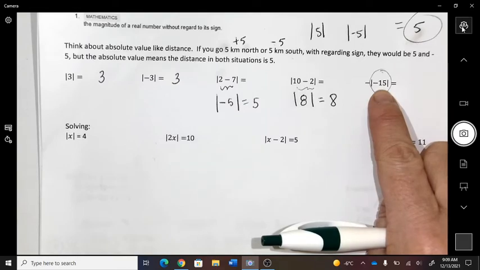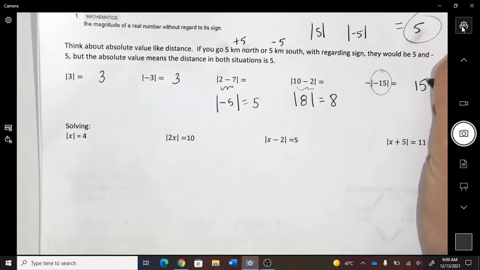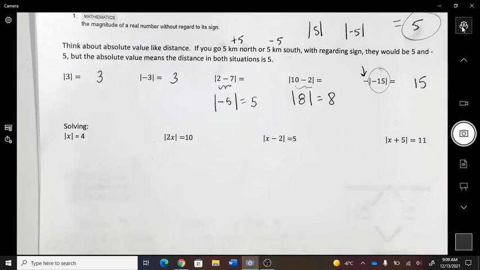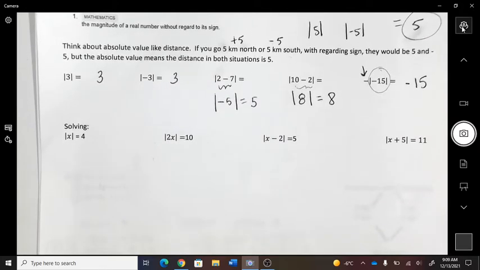The absolute value of -15 is 15. But then what does this mean to do? Times it by -1, because it's on the outside. That's why that's a negative, because it's on the outside of the bracket. Okay?